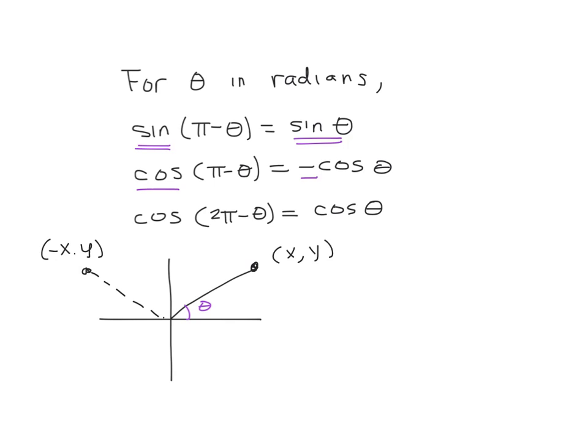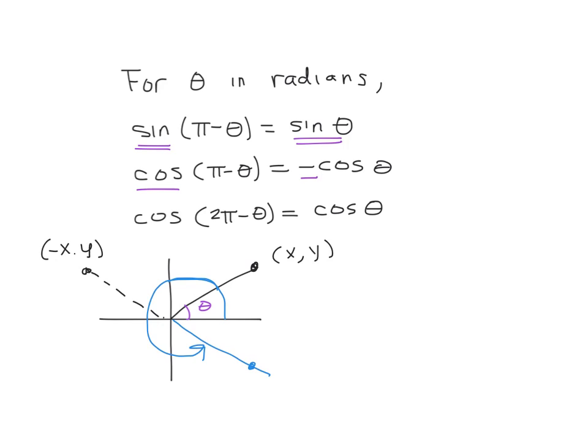However, if we subtract from 2 pi, so 2 pi is 360 degrees minus that same angle, we're going to be left on the fourth quadrant. So that angle now will be, starting over here, 2 pi minus theta.